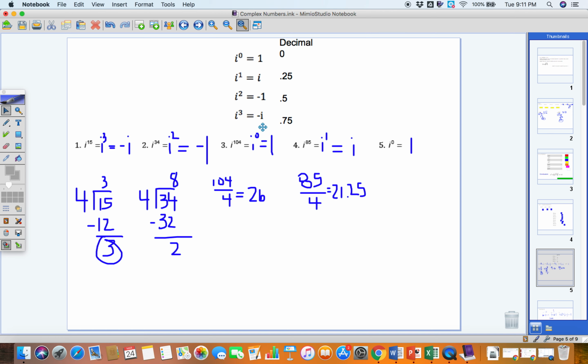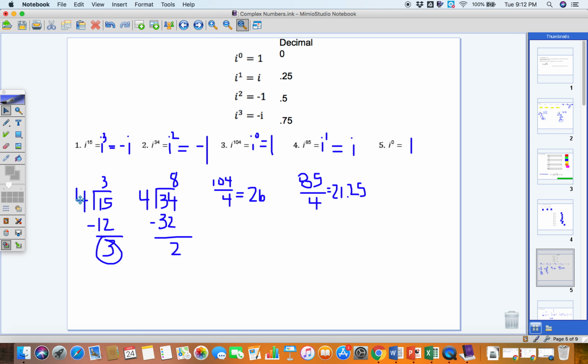So the way that most of us have probably learned how to do this is with long division. So you would say 15, which is the exponent here, and you're going to divide by 4 all of the time. That doesn't change.